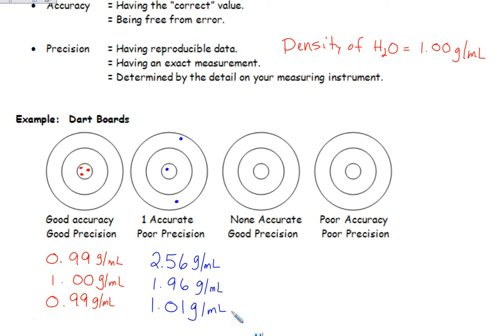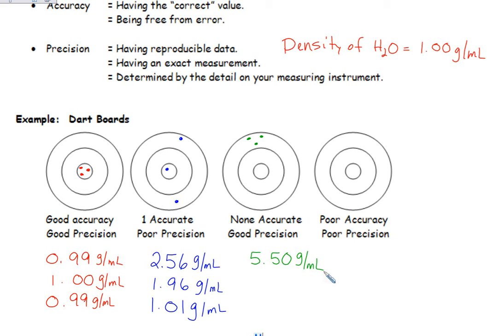Now, no accurate, but good precision. So what if you got something like this? You shoot 3 darts. None of them are in the bullseye, but they're all pretty close to each other. It's reproducible. So it's precise, but it's not accurate. Data like this might be, let's say you got 5.50.